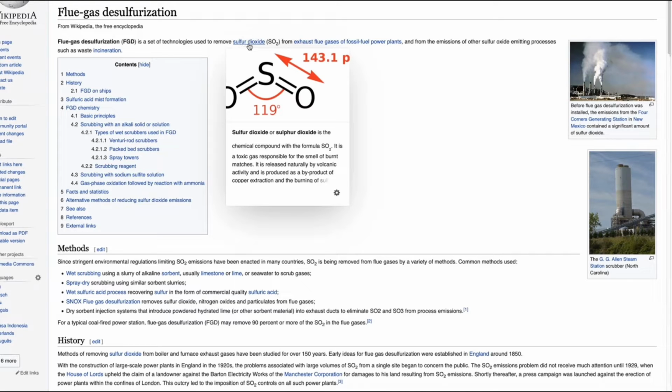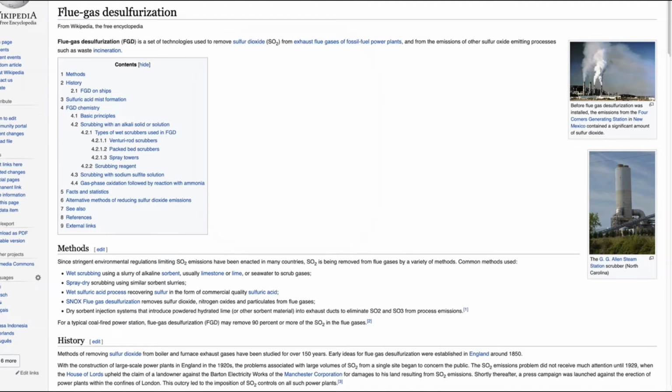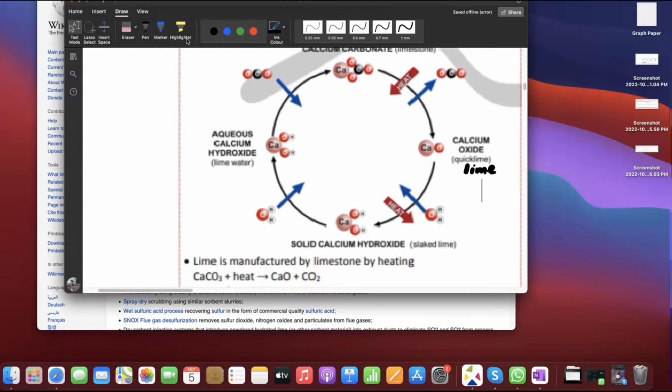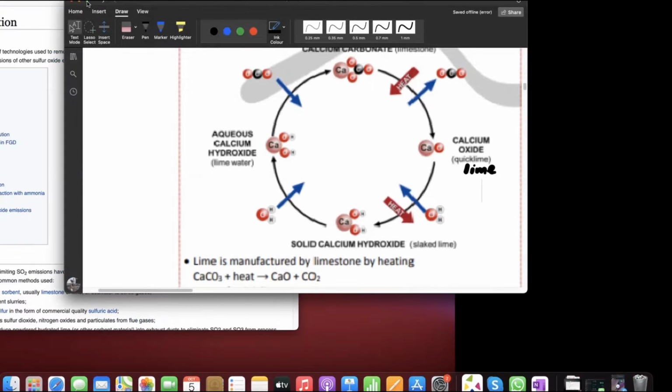So the base, logically, can react with sulfur dioxide because this is acidic. So it neutralizes the sulfur dioxide, and then it will avoid acid rain because of this SO2. So we get the idea by looking at that.